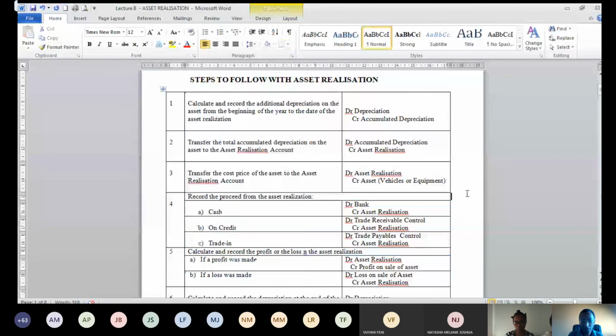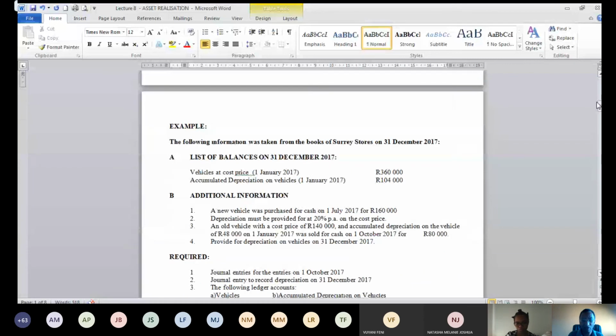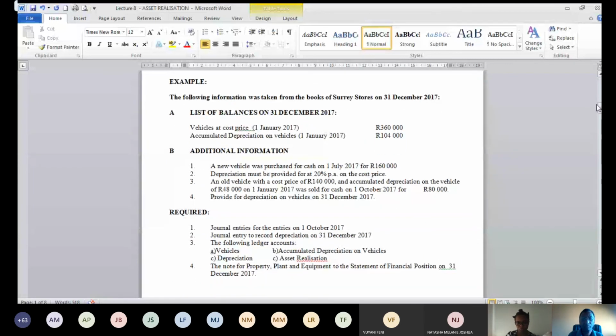Guys, the steps I'm going to explain to you now via the example that we have here. In your example, the following information was taken from the books of Surrey Stores on the 31st of December 2017.